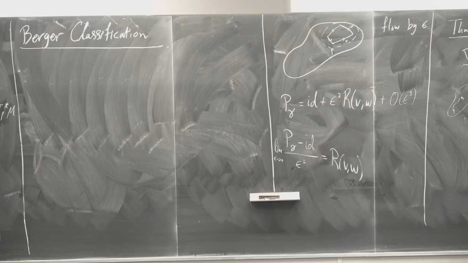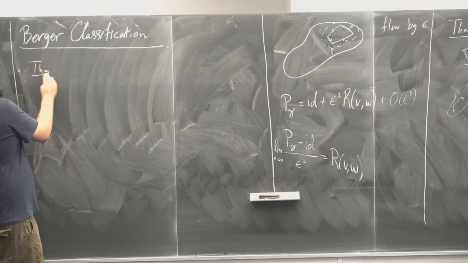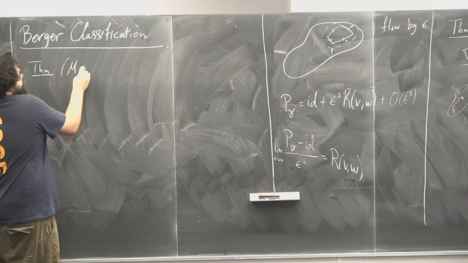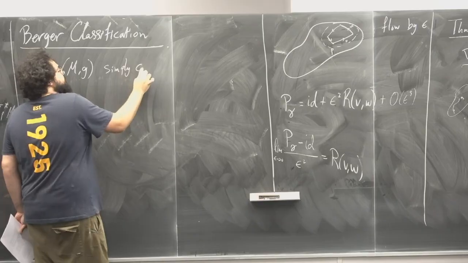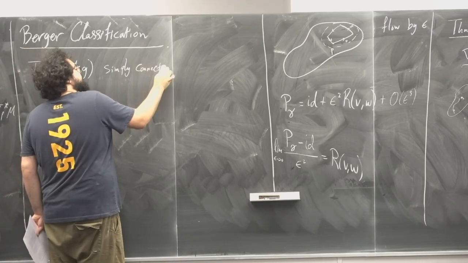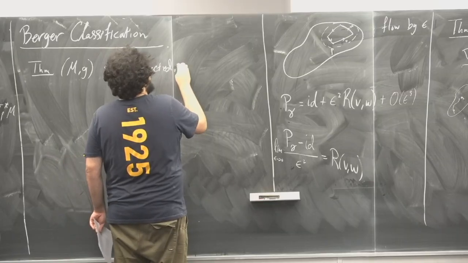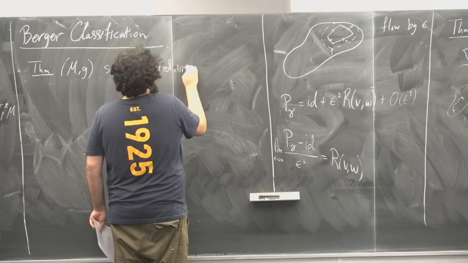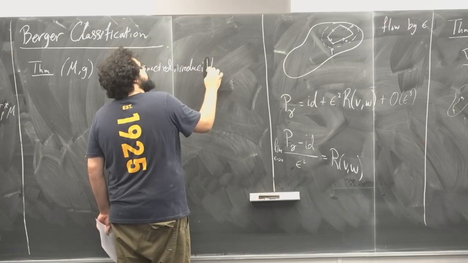And that was done by Berger. He specified them for Riemannian manifolds that are simply connected, and what I think he calls irreducible. Okay, so I'll say what this means in a second.